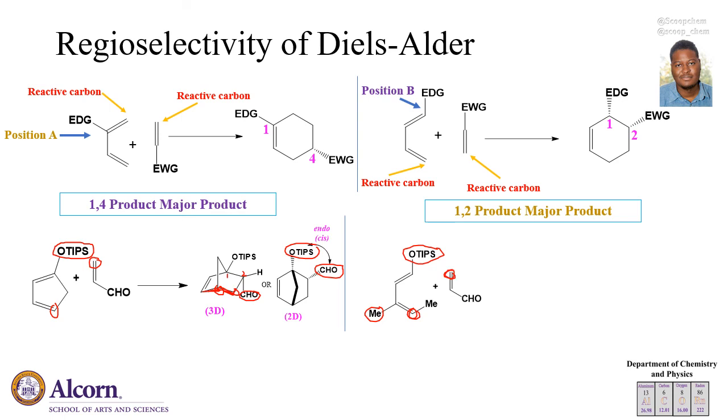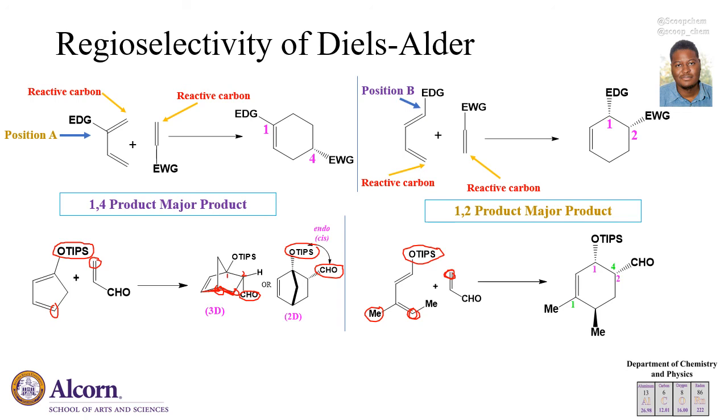So to properly draw the major product, these two carbons need to meet, and they do. That leads to the TIPS and the aldehyde having a 1,2 relationship. You can see that by the pink numbers. And the methyl and the aldehyde have a 1,4 relationship. So I have a combination of the two effects here, leading to this being the major product.